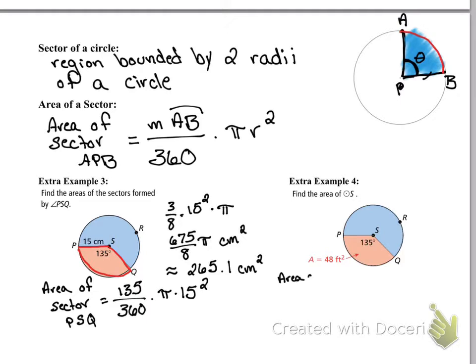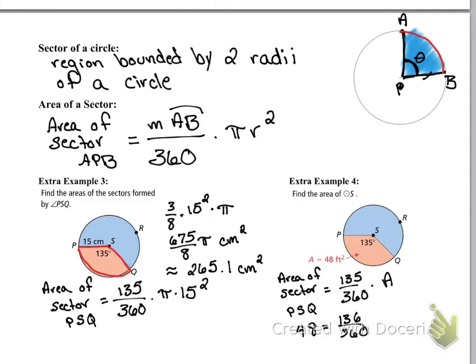The area of sector PSQ would be equal to, again, what part? 135 out of 360 times the area of the whole thing, which is what we're trying to find. So I'm going to use uppercase A for the area of the whole thing. And I know the area of sector PSQ is 48. So we have 48 equals 135 over 360 times A.